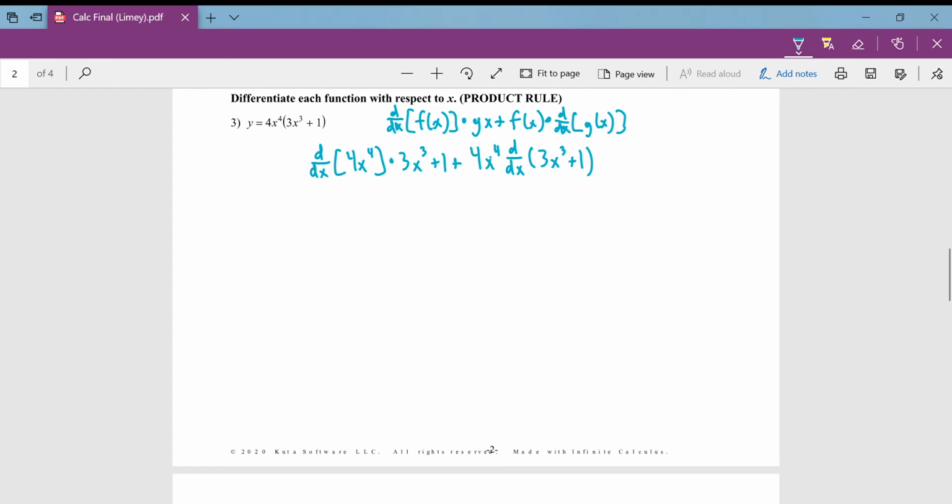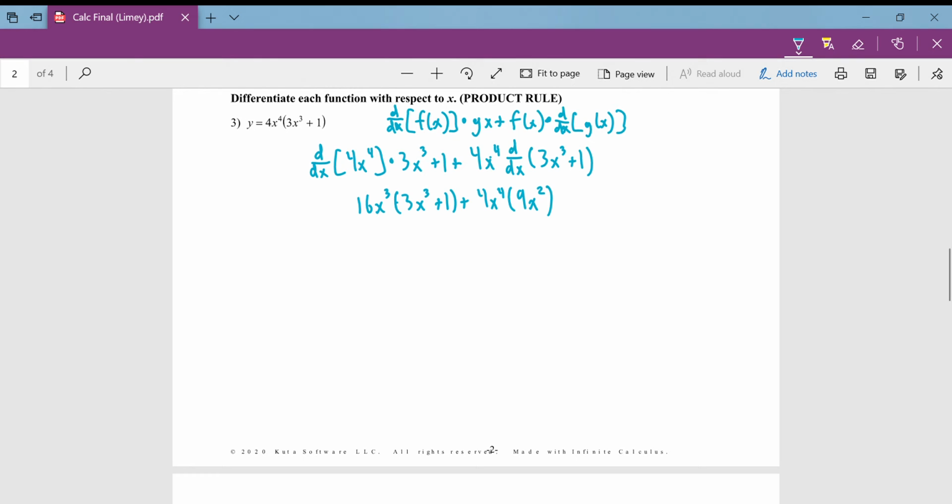So you would use the power rule inside the 4x, giving you 16x to the 3rd, and multiplied plus, and then this would become 9x to the 2nd. And since there's nothing there, it's the constant rule, so it is just 0.